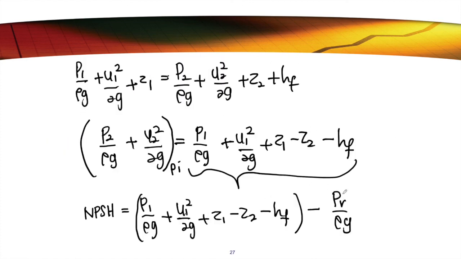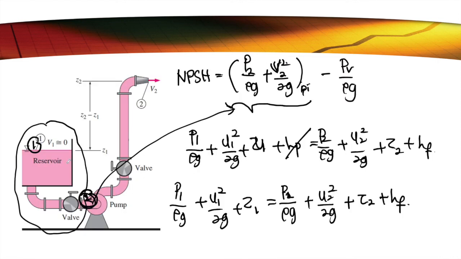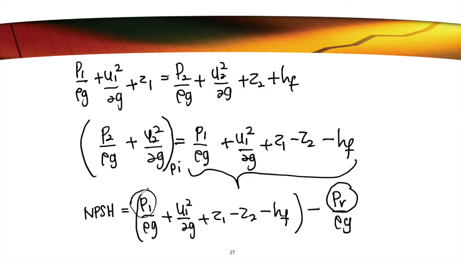Now in the question, normally PV given is in absolute. So therefore for this P1, if you have pressure here, P atm, you cannot take out or zero this term, since PV is in absolute pressure.